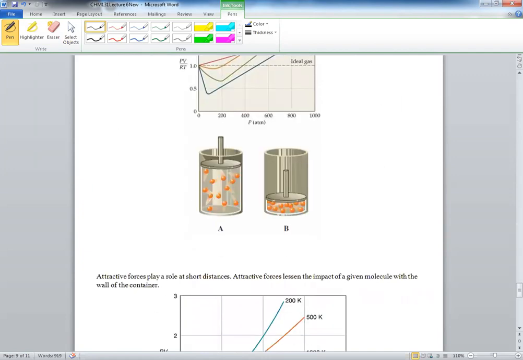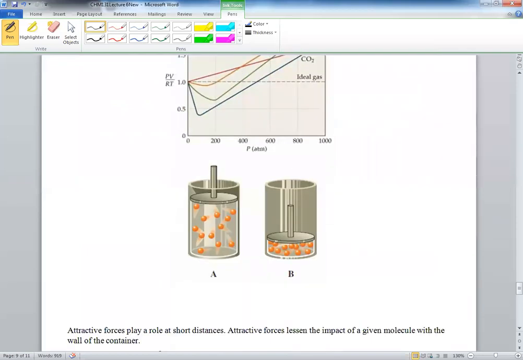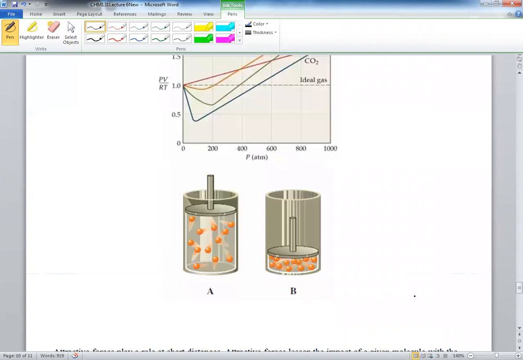Here's a beautiful example. This is a cylinder and a piston. The piston is what goes up and down, this part right here. So if you have a large volume, this is a large volume, which means you have a low pressure. Remember the Boyle's law equation.